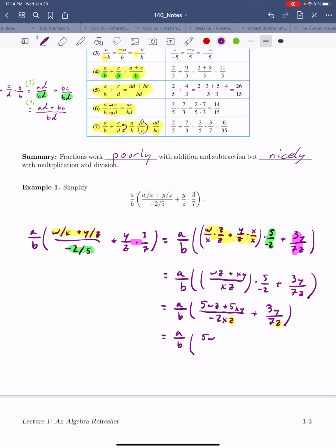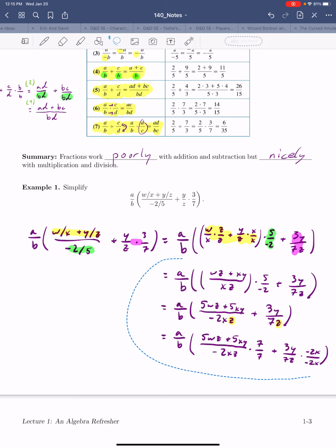I guess we have 5wz plus 5xy all over negative 2xz times 7 over 7 plus 3y over 7z times negative 2x over negative 2x. All right, does everyone see that that's how we get what we want?